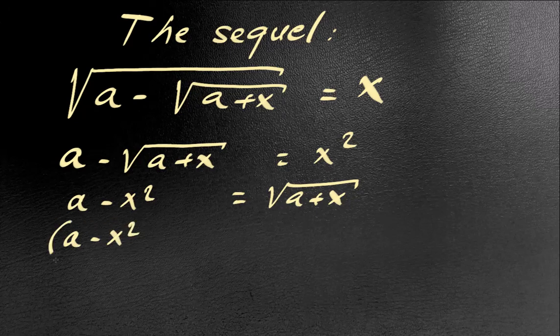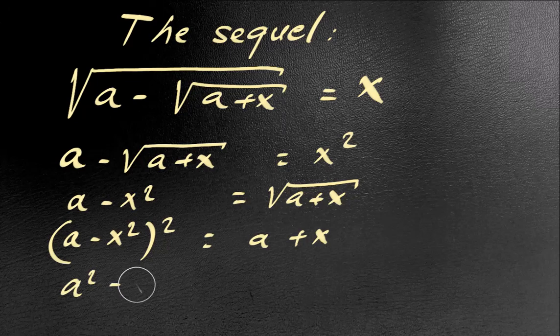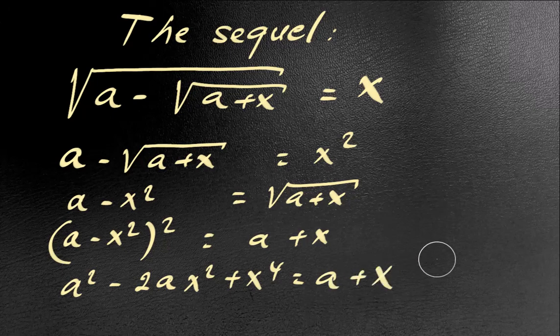And we square again and we get (a minus x squared) squared is equal to a plus x, and then we just expand this. We get a squared minus 2a x squared plus x to the power 4 is equal to a plus x, and we put everything together.